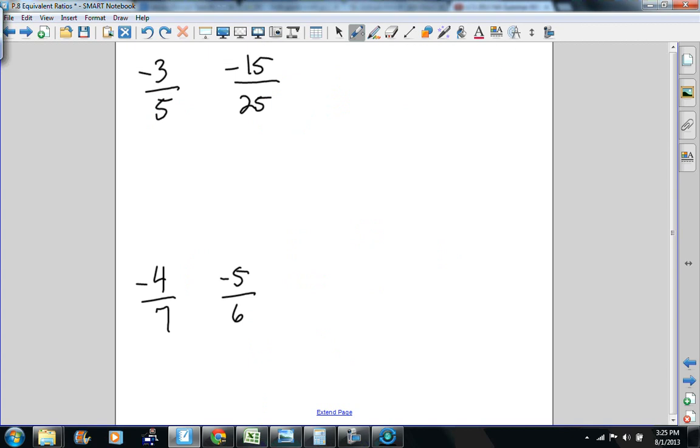For these same types of problems, if you have positives or negatives built in, it means the same thing. So we do this. Negative 3 times 25, that's negative 75. 5 times negative 15, that is also negative 75. So yes, these are equivalent ratios or a proportion.